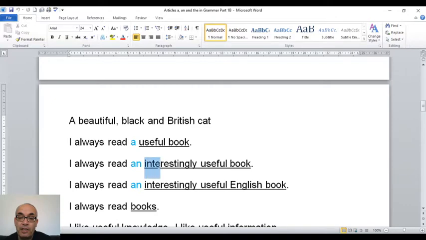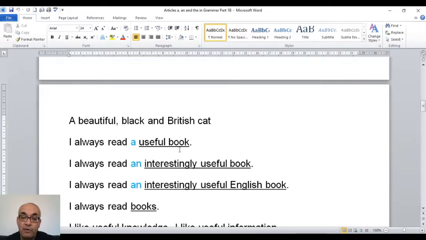Now if I put this one now, I put interestingly useful. Interestingly is an adverb. It has ly, as you can see. Useful is an adjective. Now, because interestingly starts with a vowel, which is I, I have to change a into an. So I have to say an interestingly useful book.